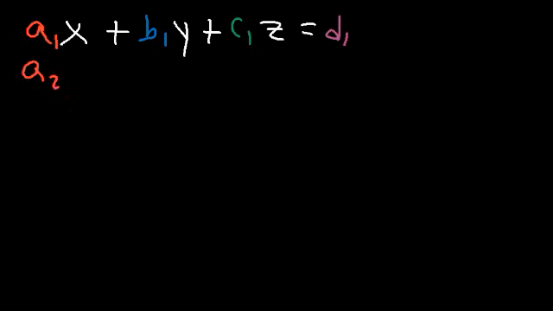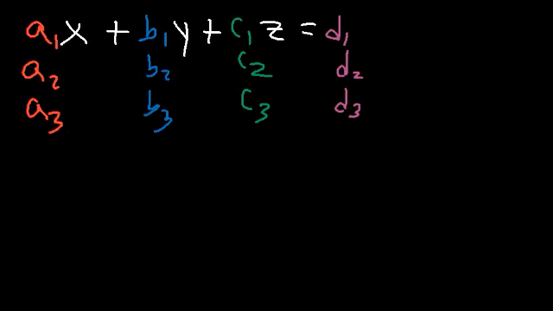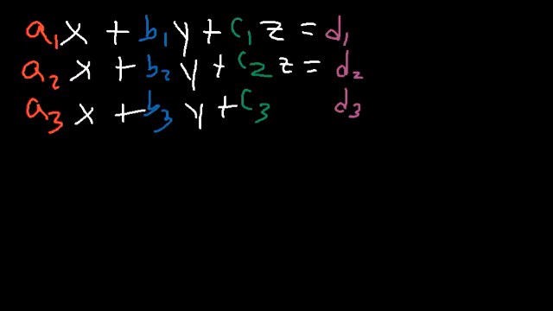And so this is going to be a2, a3, b2, b3, c2, c3, d2, d3. This is going to be x, y, and z.